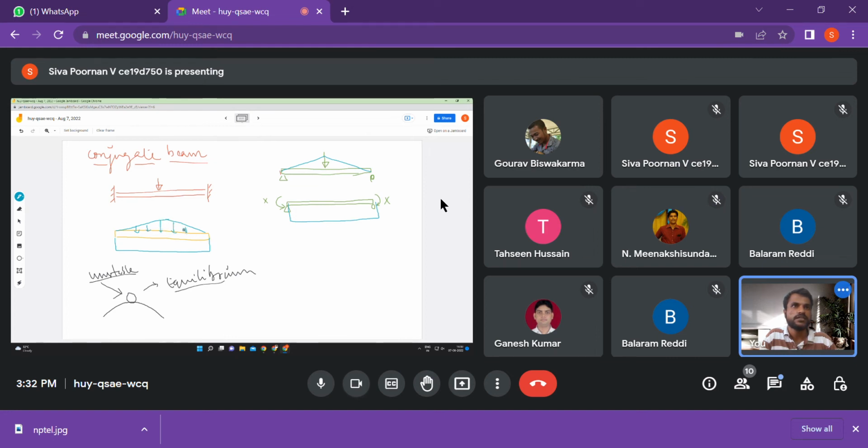These are the loads that are coming onto this conjugate beam. Now, if this conjugate beam has to be in equilibrium, then total forces should be equal and opposite, right? So just find this area.